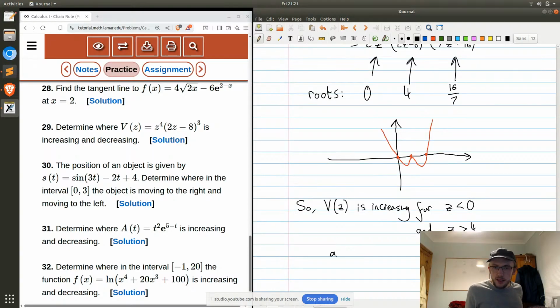And decreasing for a Z that is between here and here and between here and here. So I believe. But now we must check.